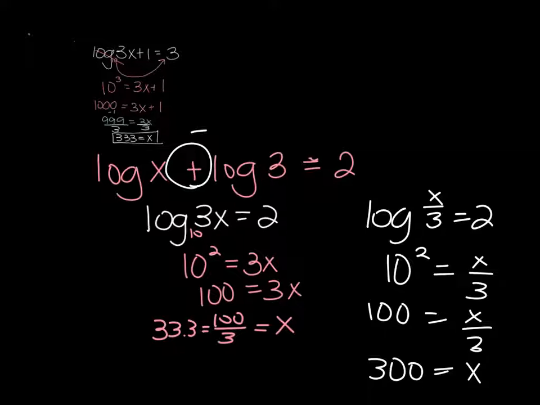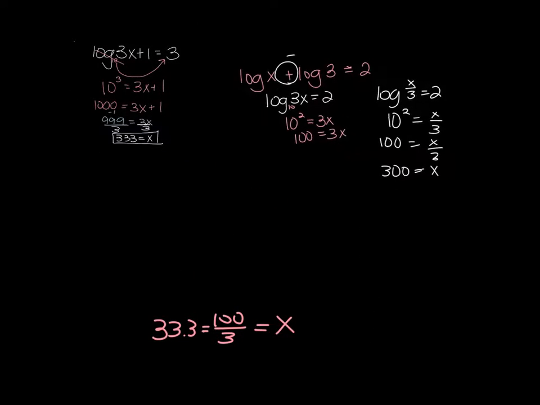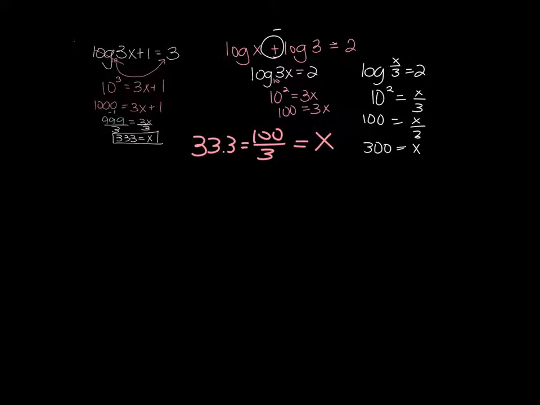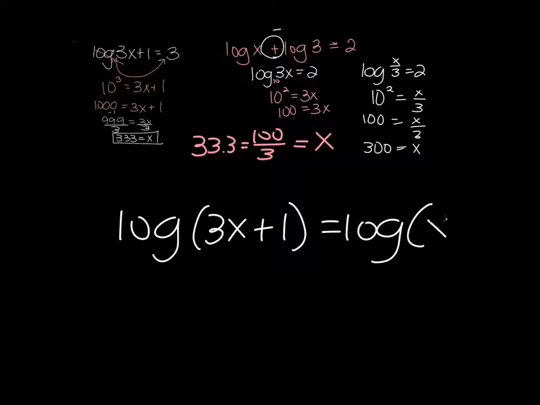Questions on that? So if there's more than 1 log on one side, you condense. Then you've got where there's 1 log on either side of the equal sign. So if I had log of 3x plus 1 equals log of x plus 3, this is just like your one-to-one property.